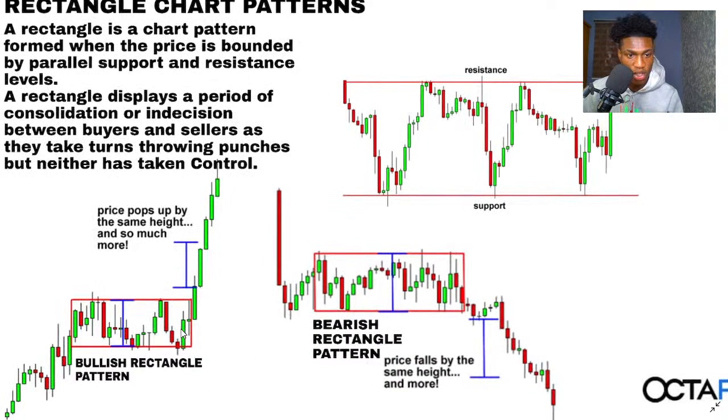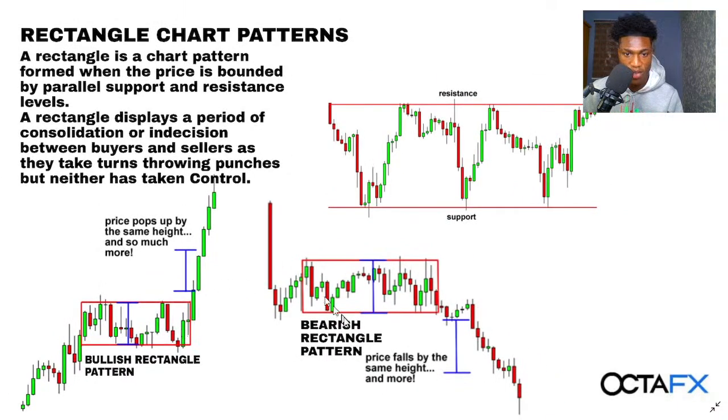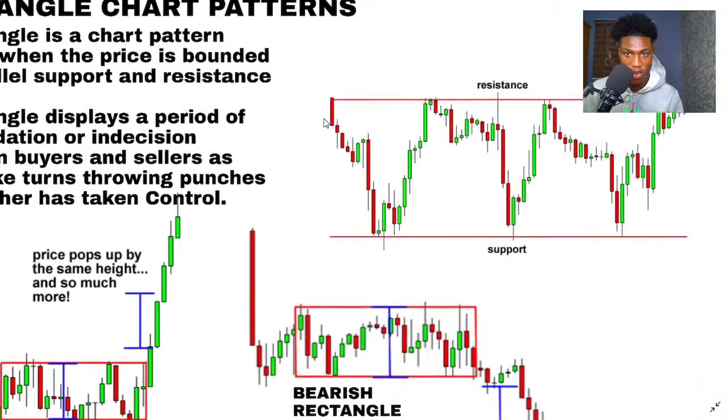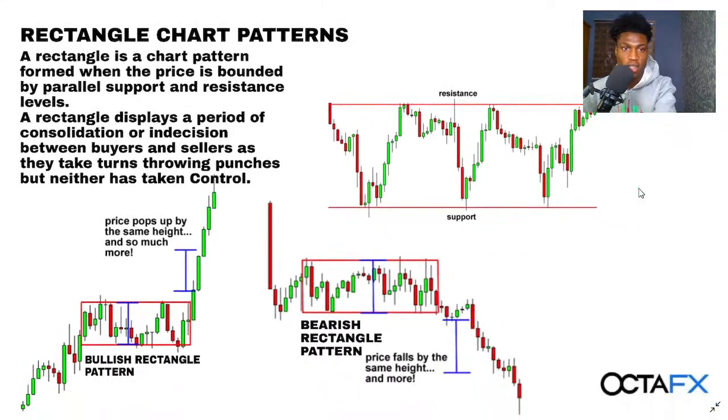You can have bullish rectangle patterns and you can have bearish rectangle patterns. As you can see, it just keeps bouncing off at support and resistance, support and resistance. Now, none of the buyers or sellers are taking control at that point, but at the end of the day, price tends to break out and continues with the initial trend prior to the formation of the rectangle pattern.